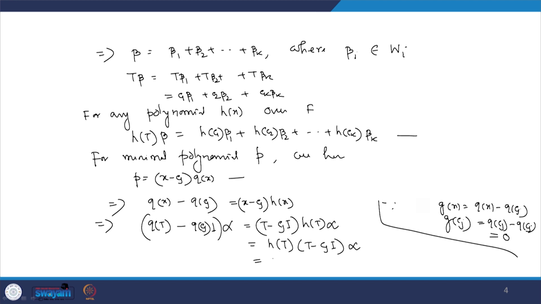So this is equal to Ht beta. So Qt minus Qcj I operating on alpha is equal to Ht operating on beta, where beta belongs to W. So Ht beta will also belong to W.